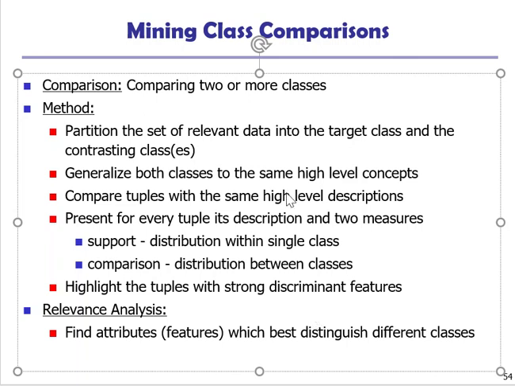So the key concept here when we mine class comparisons is that the AOI concept generalization has to be done synchronously, so that the generalization performed on both classes is the same. This makes it possible in the end for us to compare those two classes. This can be extended to more than two classes as well.